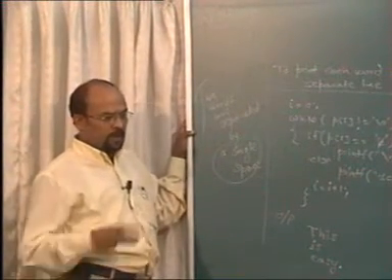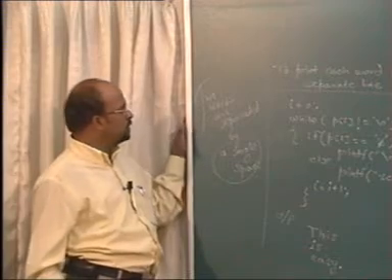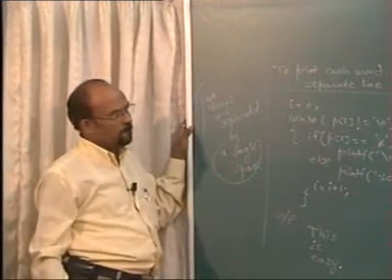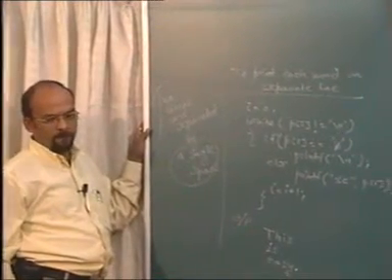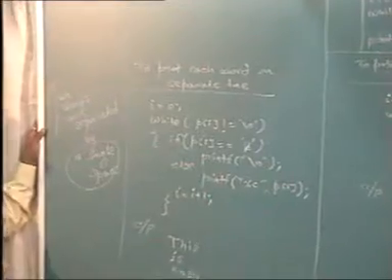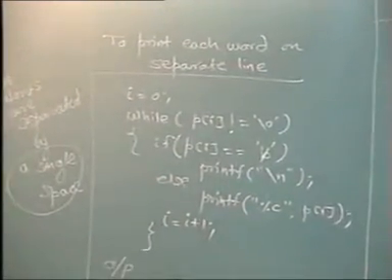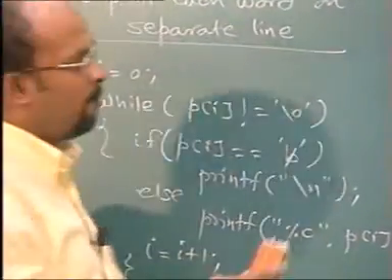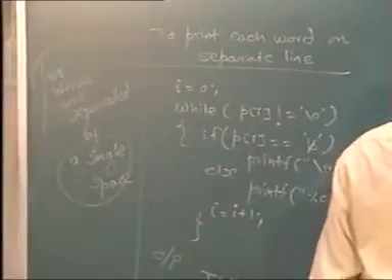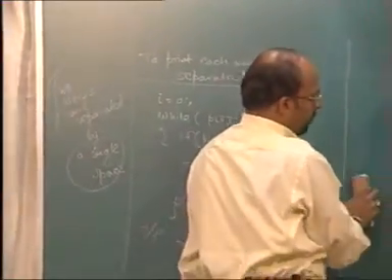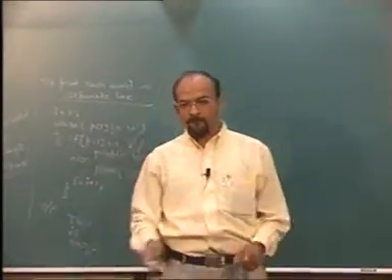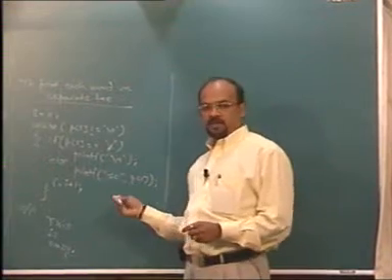So 3 blank lines will be there. That is the assumption. Under this assumption, this code will work. One has to state the assumption also while writing it.